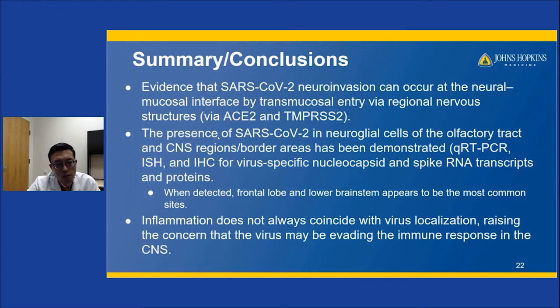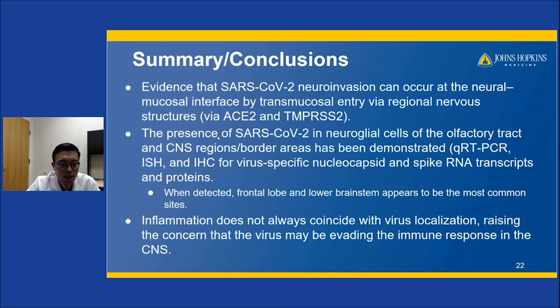And we talked about medial structures of the brain, how they have abundant ACE2 receptors that may be the entry-level receptors for SARS-CoV-2 infection. And also we talked about the presence of SARS-CoV-2 in neuroglial cells of the olfactory tract and CNS border regions, and that's been identified with RT-PCR, ISH, and immunochemistry.